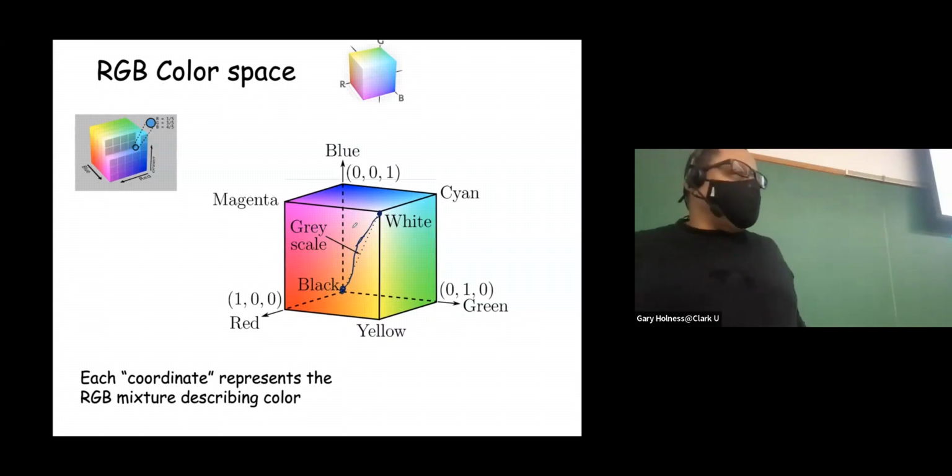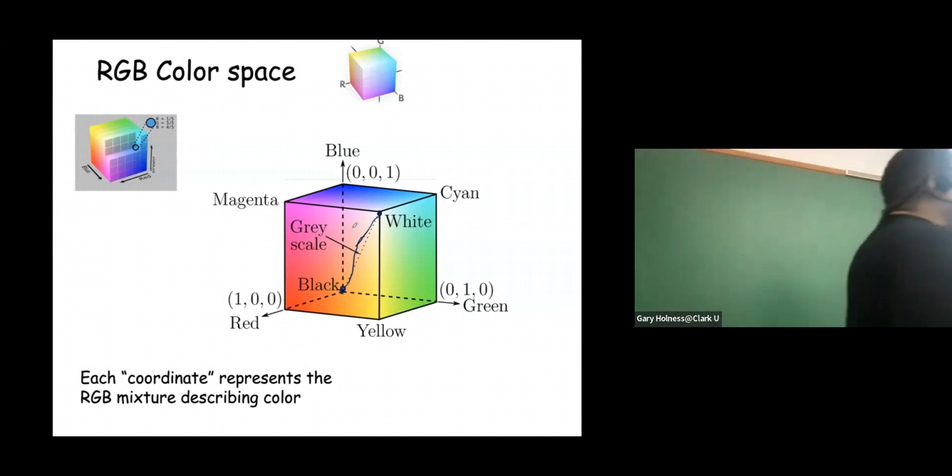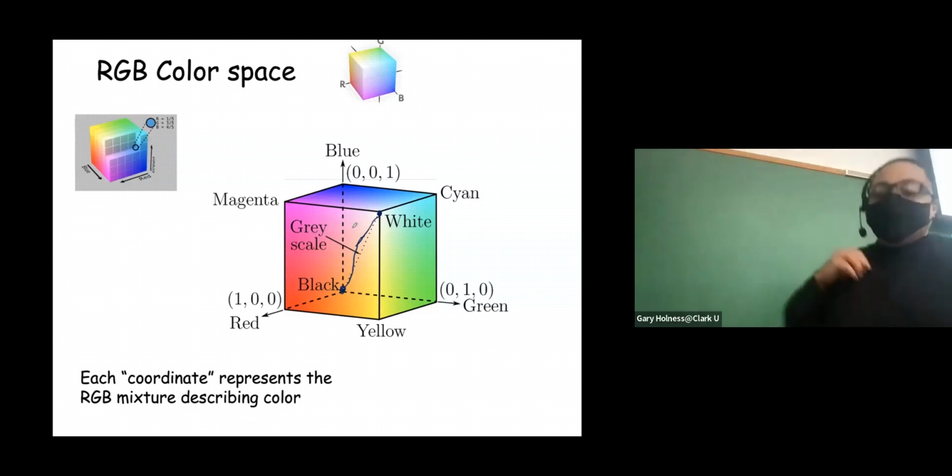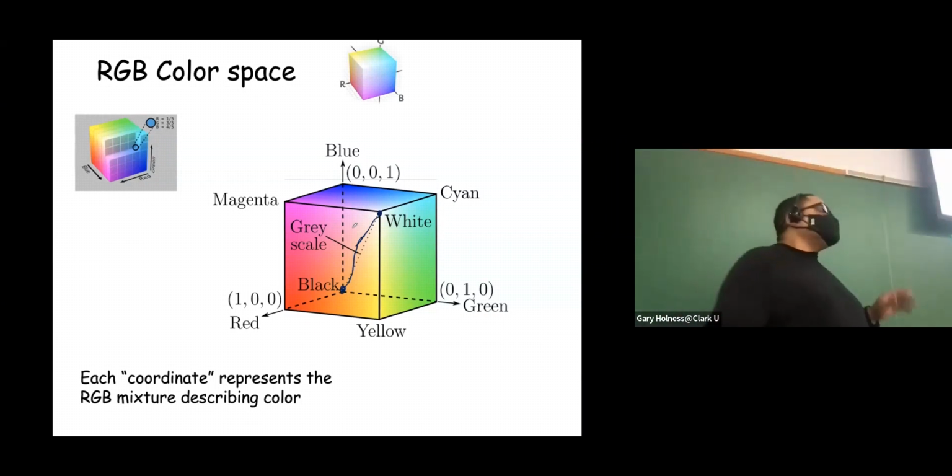That's called the grayscale line. And a gray is an equal mixture of parts red, parts green, and parts blue. Now, computationally, how you represent it is 256 different levels from 0 to 255 of the red component, the green component, and the blue component. Does that make sense? Okay. And so each one of these mixtures represents a unique color.